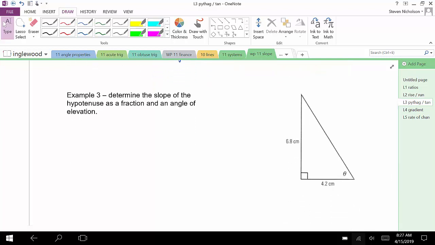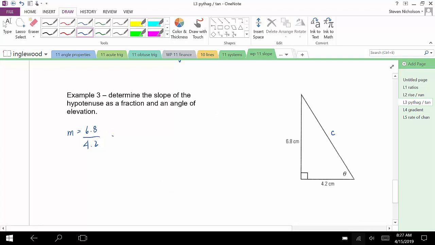So here's one quick example. Determine the slope of the hypotenuse as a fraction and as an angle. So again, here's our hypotenuse right here. I'll just call it C. And the slope of that hypotenuse is equal to rise over run, which is it goes up 6.8 as it goes over 4.2. Now, technically, we don't want decimals and fractions.